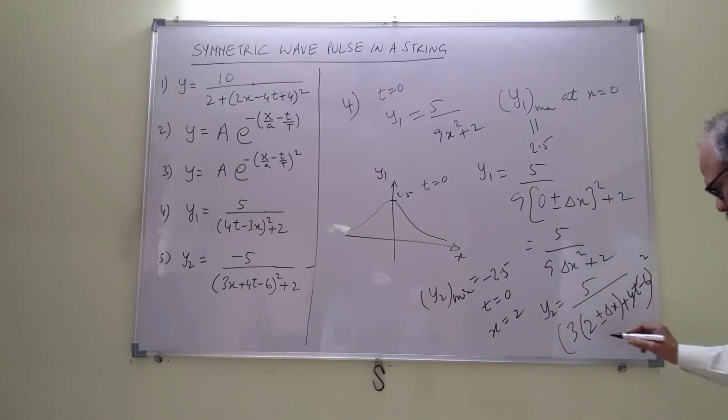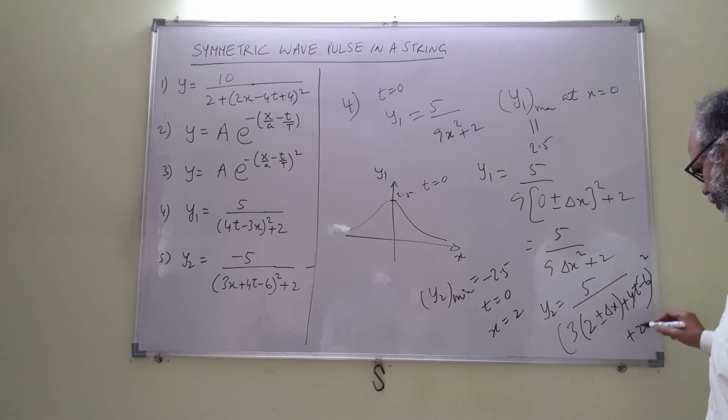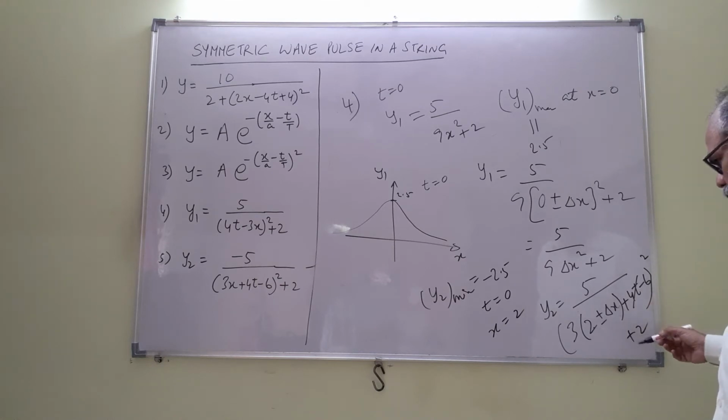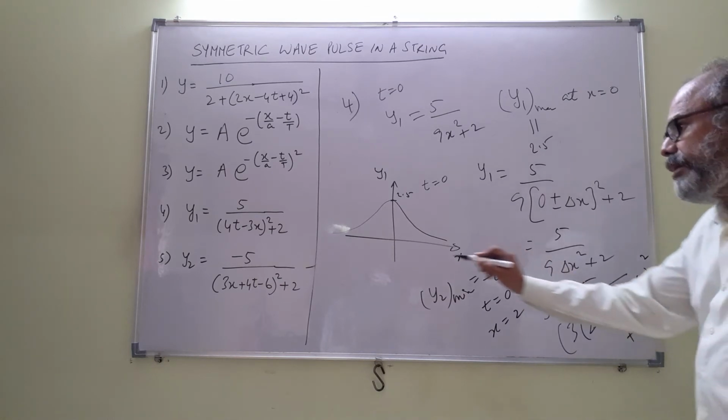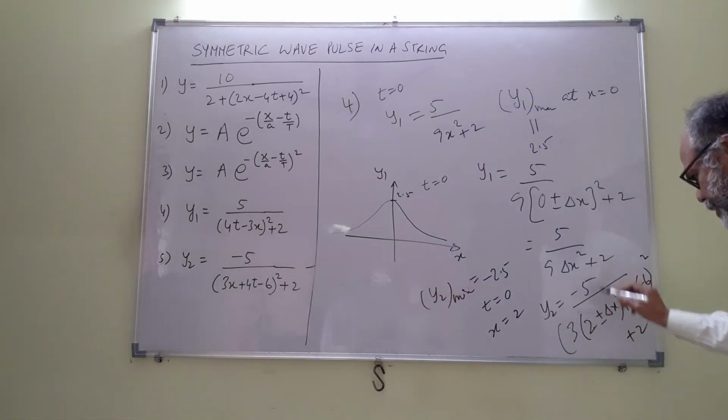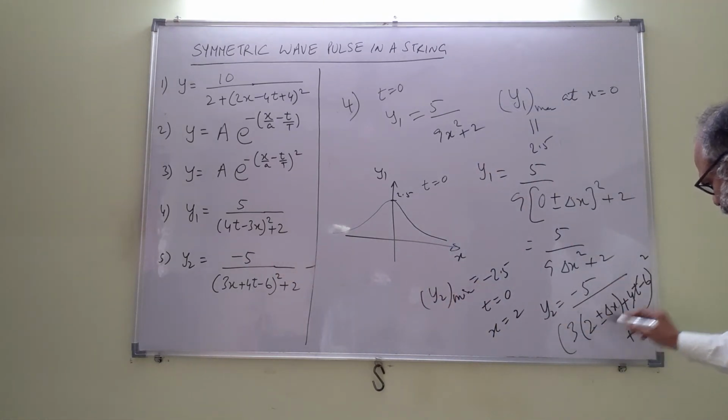So you will have 3 into 2, 6. 6 will cancel with the minus 6 and you will have 9 delta x squared plus 2.